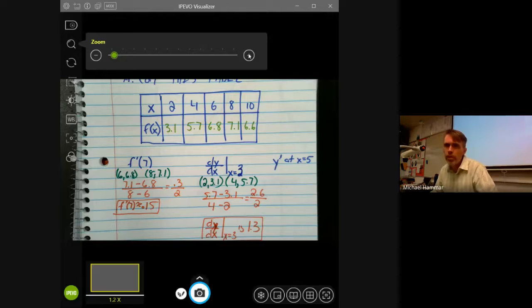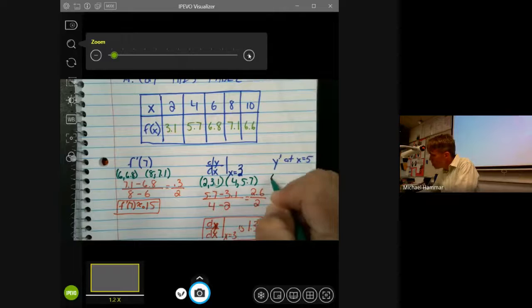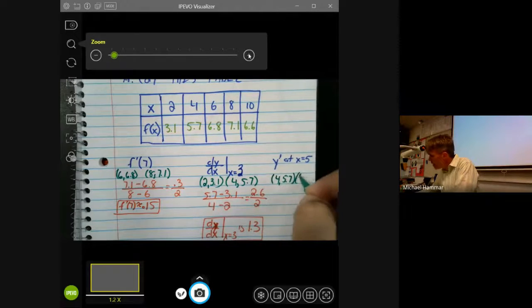So the final thing is we have this last one, and notice it's the final notation of what we would say a derivative is. This is y prime, okay? So what is the value of y prime at x equals 5? So again, notice that we have nothing at 5, so we have to pick a point on one side and a point on the other. So we'll use the 2 points 4 and 5.7 and 6 and 6.8.